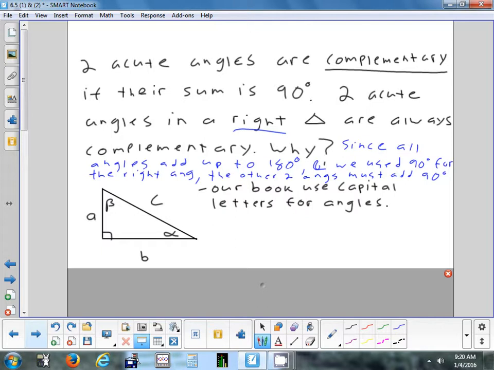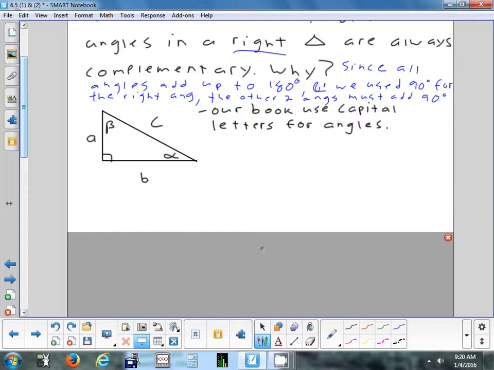The other thing is, if you asked me, I don't know how to find A, then I'd have to say, well, which, capital A or small a? It's confusing. So in any problem in the book, if you see capital letters, those are angles. If you want to cross it out, not in the book, but on your homework, make it a Greek letter. I would probably do that.